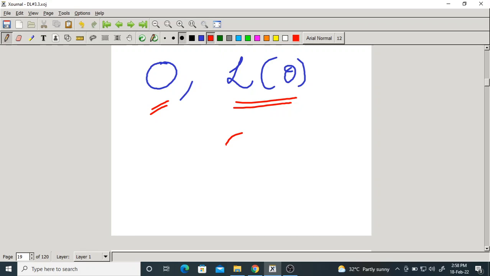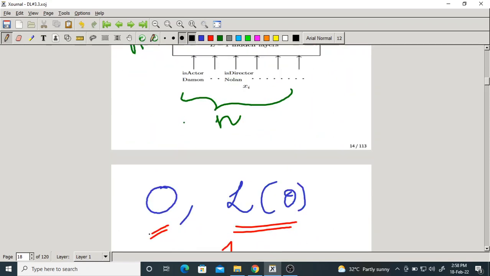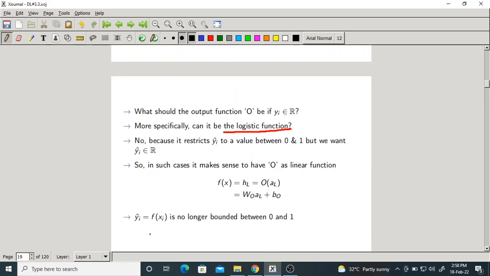Because the logistic function's minimum value is 0 and the maximum value is 1, so its output can never be more than 1. But we have to predict real values which are more than 1. That's why the logistic function will not work. The predicted value should be a real value between 0 to 10, or need not be 0 to 10, it can be any unbounded value.